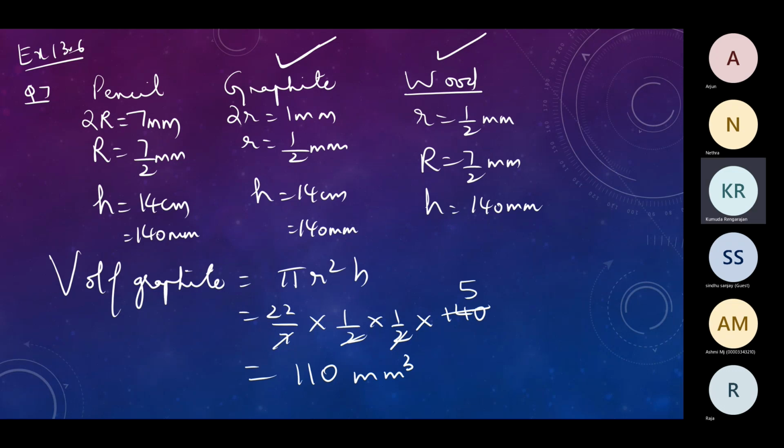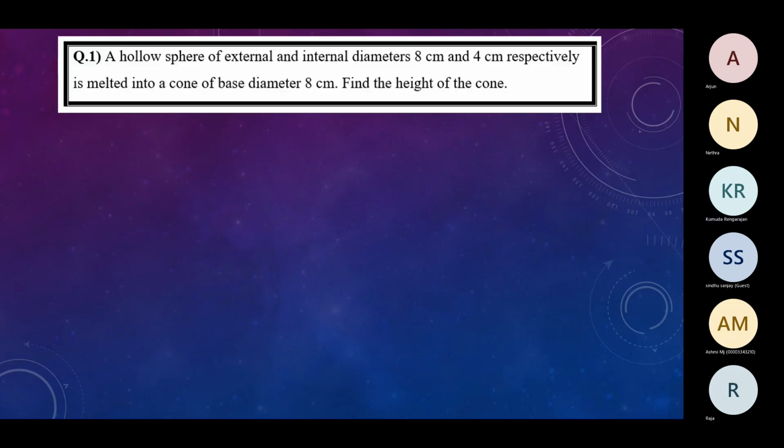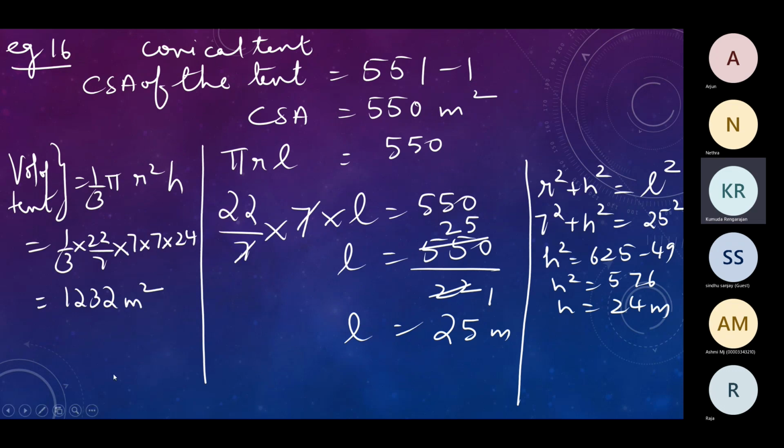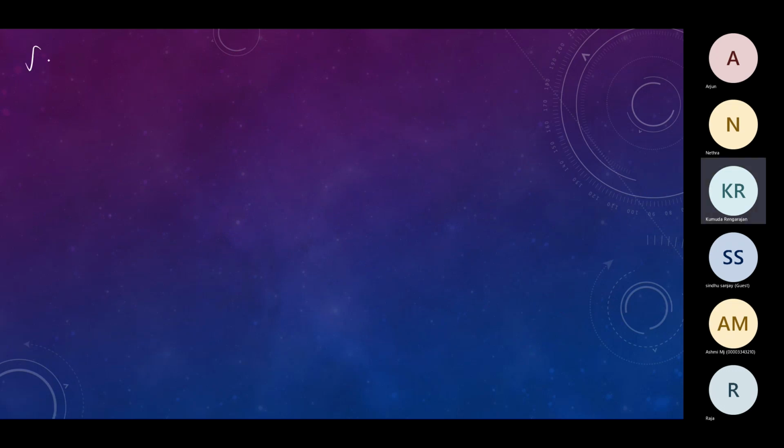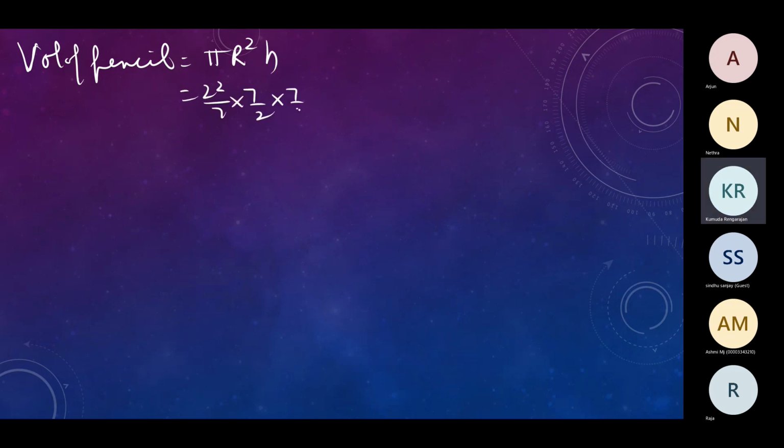Now to find the volume of the wood, you can do two things. You can find the volume of the pencil, which is again a solid cylinder, pi r square h. So 22 by 7 into 7 by 2 into 7 by 2 into 140.